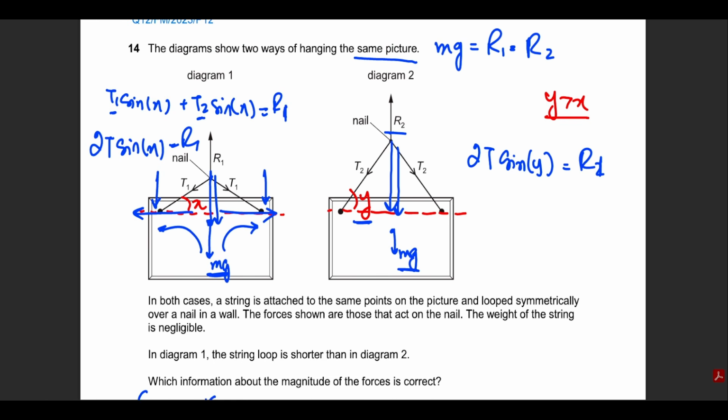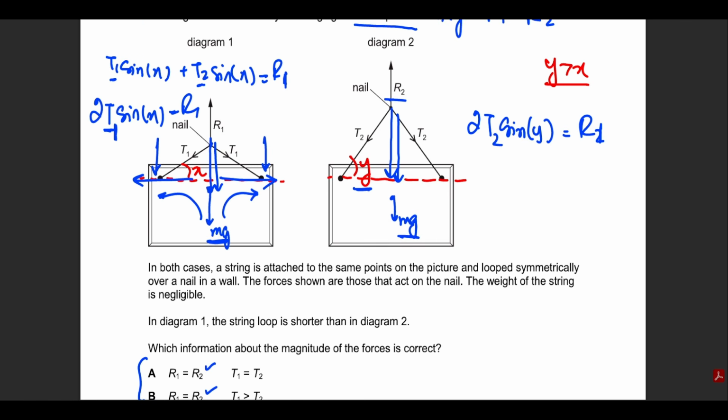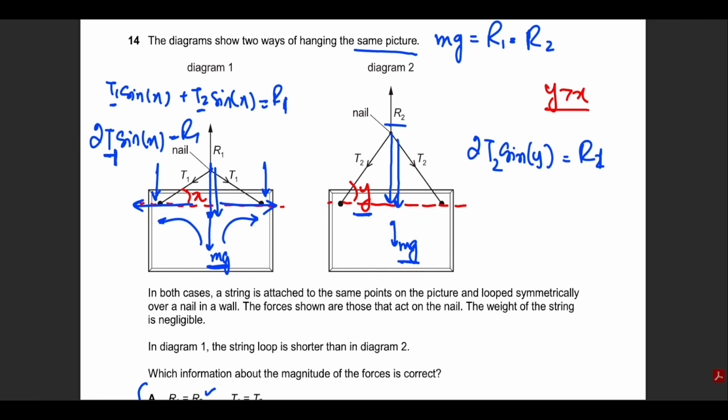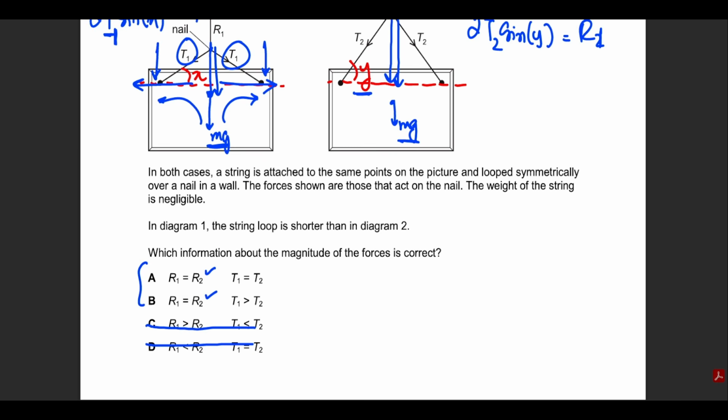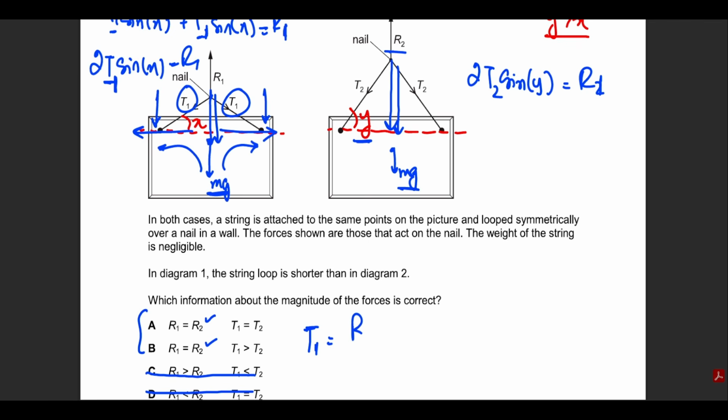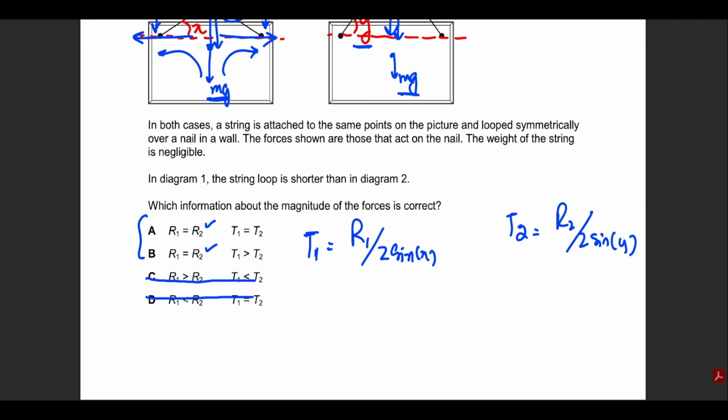So let's make T1 the subject of the formula and T2 the subject of the formula, for diagram 1 and diagram 2. Sorry, this is not T2, this is still T1, as given in the question. So T1 equals R1 divided by 2 sine of x, and T2 equals R2 divided by 2 sine of y.